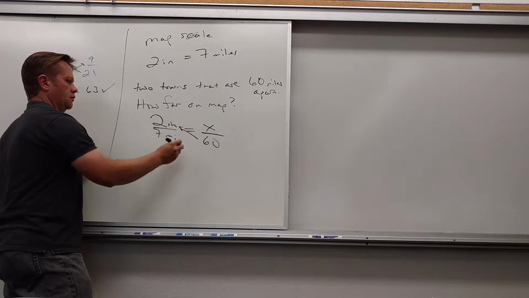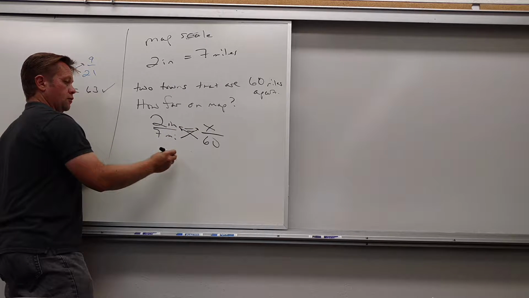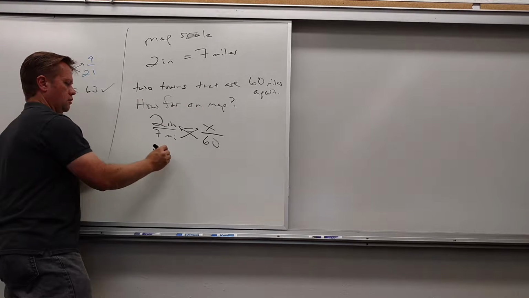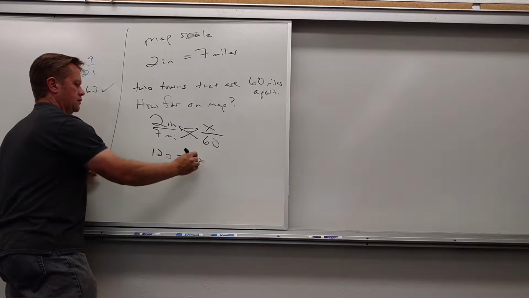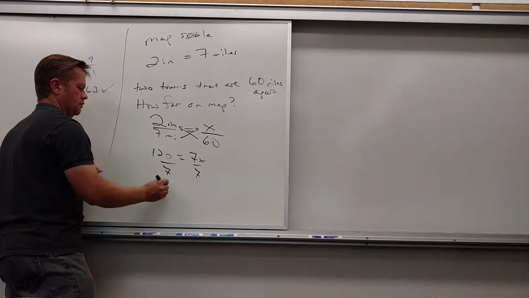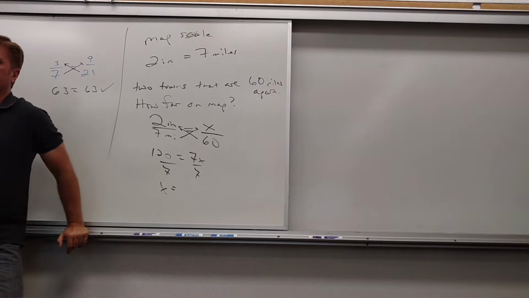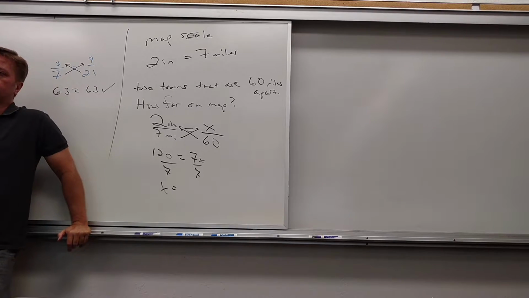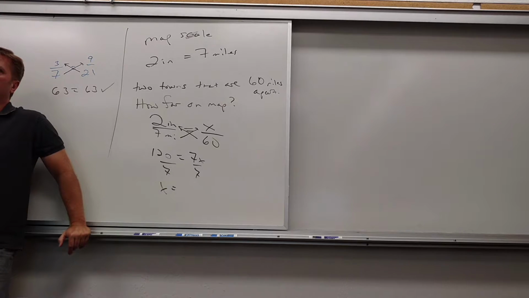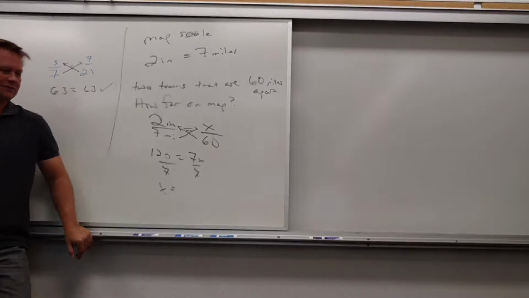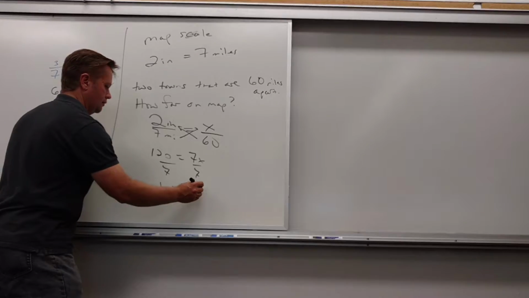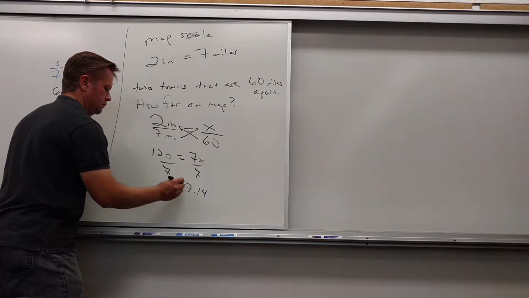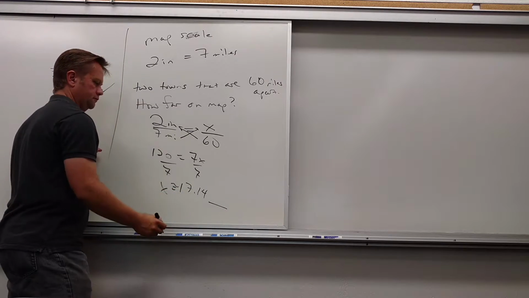So if I solve this, what do I get? 120 equals 7x, divided by 7, whatever that is. 17 point something. 17.14 roughly.